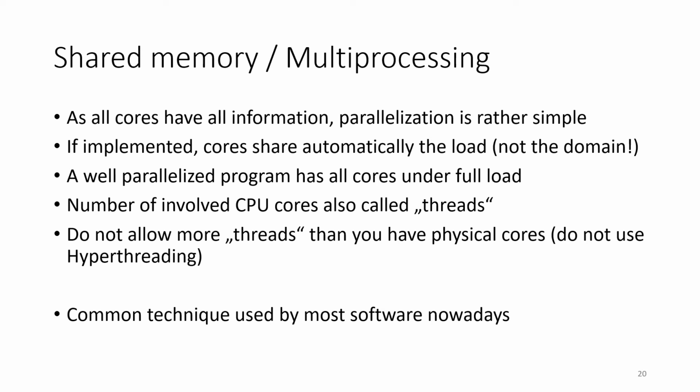And load balancing means that the core that is required to calculate the domain on the right says, well, I'm already done, so it will automatically take over a bit of the load from the cores that are under heavy load and have to do all the things on the left side of the domain. So all this is done automatically and you don't have to worry about it. That makes it very, very nice, so to say, for programmers and for users.